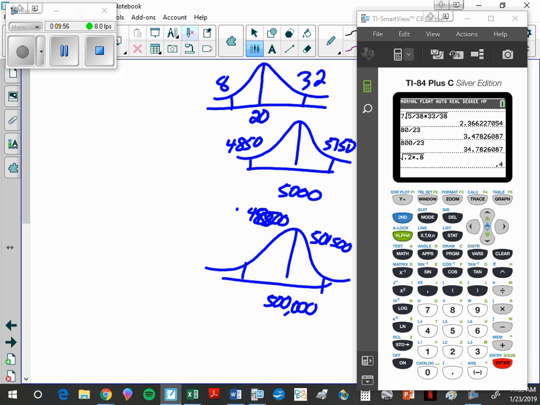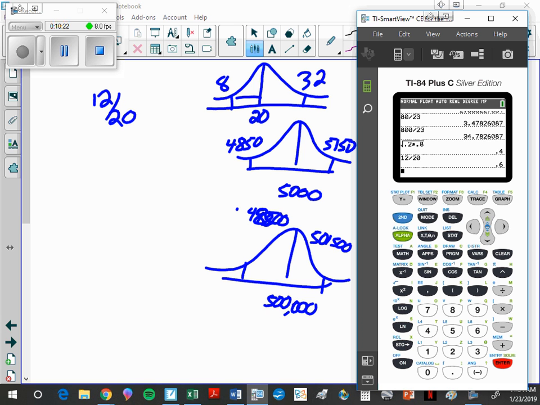Every one of those gave us 99.7%. But look how far off this is. That's 12. 12 over 20 is 60%, right? 2 standard errors is 60% of the average.